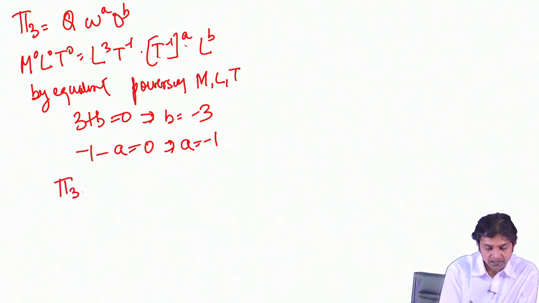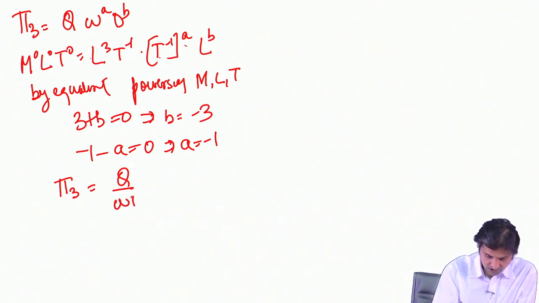Therefore, the third pi term is going to be q by omega d cube.